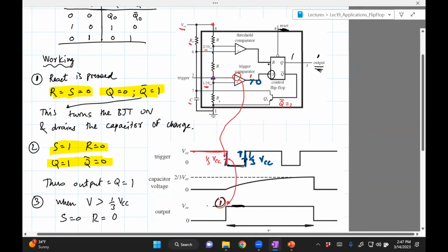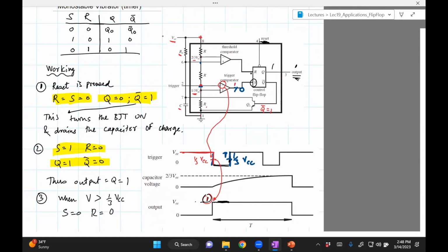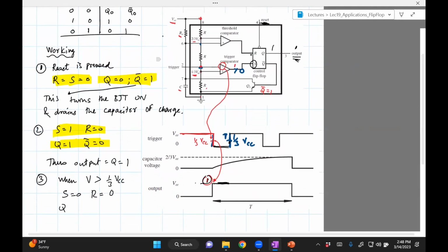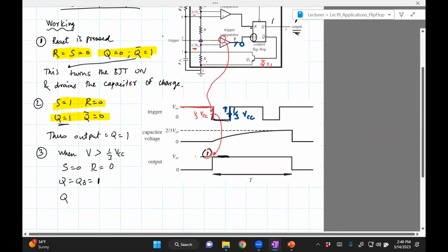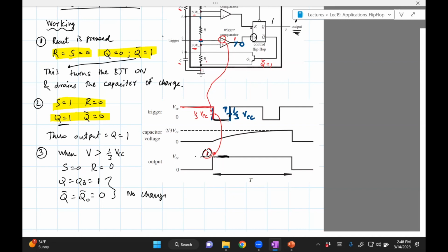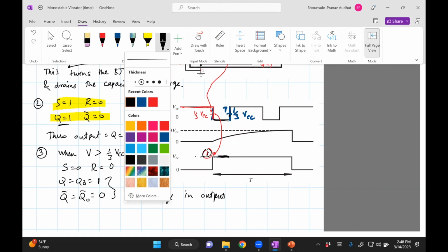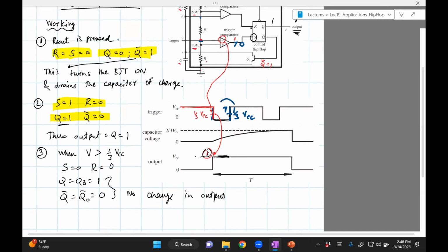And when S equals 0, R equals 0, Q and Q bar are unchanged. So Q equals Q0, but Q0 is the same as what it was before, 1. And Q bar is what it was previously, which is 0. So nothing is changed, no change in the output. And that can be seen in this circuit. If you look here, when this took place, there was no change.